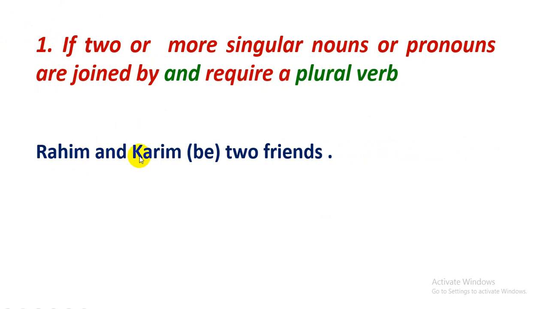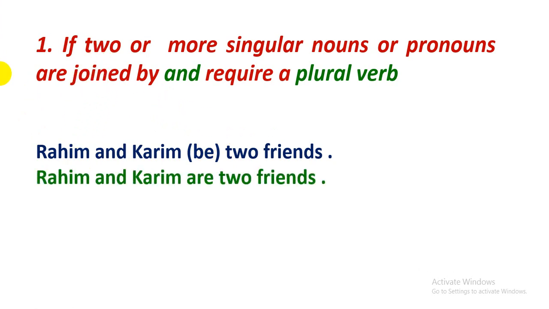Example, Rohim and Korim be two friends. Here, Rohim is a singular noun and Korim is a singular noun. So, the verb will be plural. The answer is Rohim and Korim are two friends.